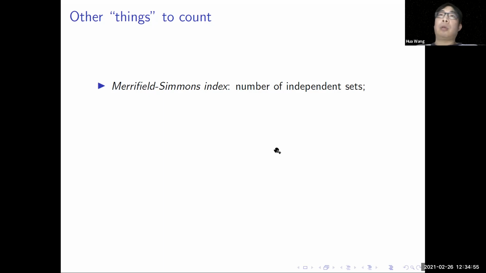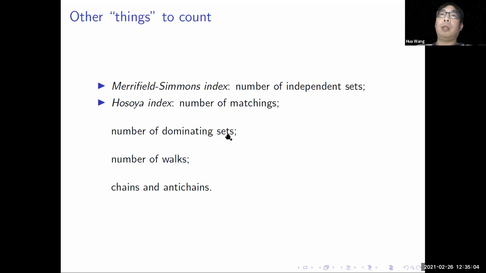There are many others, including the number of independent sets, the number of matchings, and the number of dominating sets, walks, antichains, and so on and so forth. And these first two were maybe better known or more studied than the others, still because of their application in technical graph theory, and they go with some special names as well.